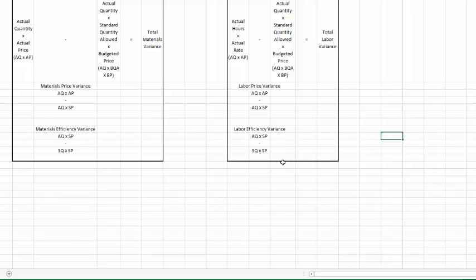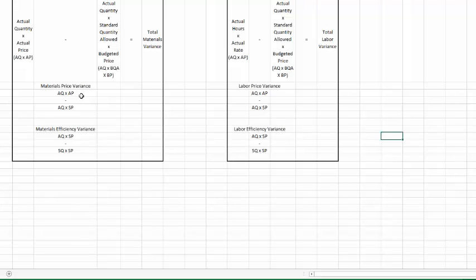In regards to pricing variances, think of the fact that our purchasing people are the ones that are in charge of negotiating prices for our raw materials. So that can be affected by how skillfully they are able to negotiate pricing.